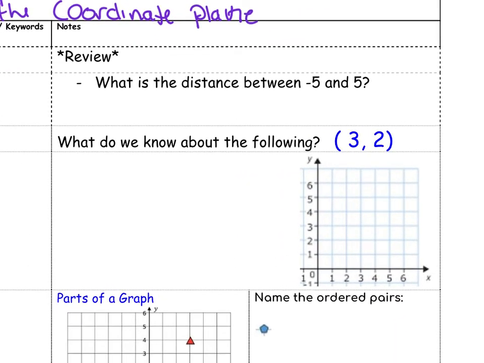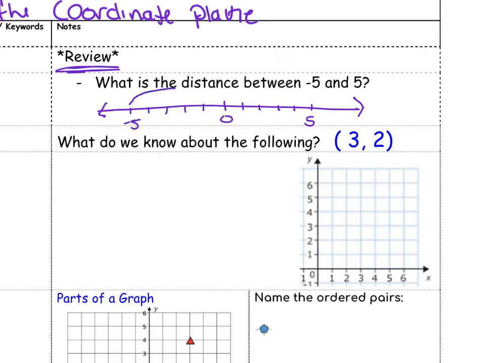What is the distance between -5 and 5? So this is a review question because we have to think of that number line. And we are going to be doing this on the coordinate plane as well in our next lesson. So here's 0, right? 1, 2, 3, 4, 5. And -1, -2, -3, -4, -5.